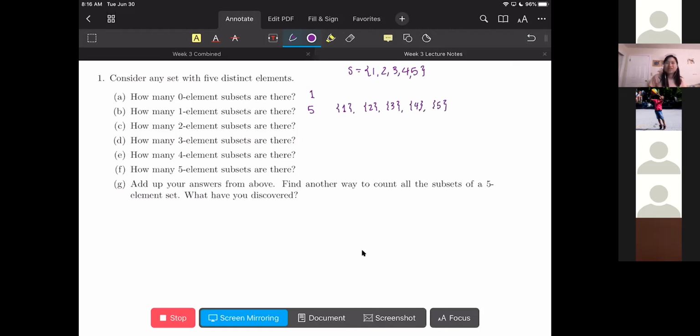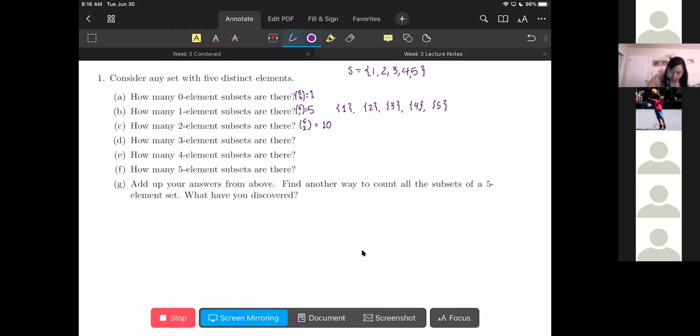All right, so now let's go a little bit more complicated. How many 2 element subsets are there? 10. And can you explain? In this case, you are doing 5 choose 2. So it will be 5 factorial divided by 2 factorial times 3 factorial, which will give you 10.